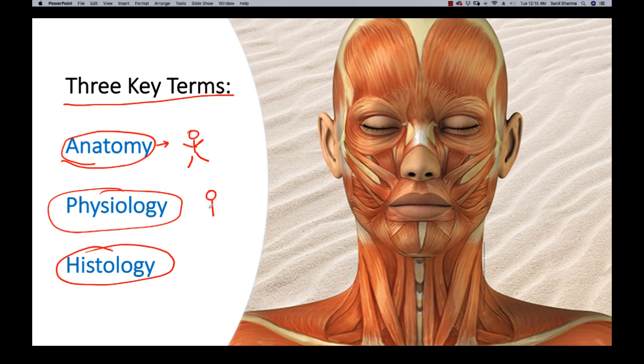If we have, let's say, an arm and the movements that are happening of the body, up and down and moving around, that's the physiology. How does that happen? Then we look at histology, and histology is microscopic. Microscopic structures within a particular organ or particular tissues.